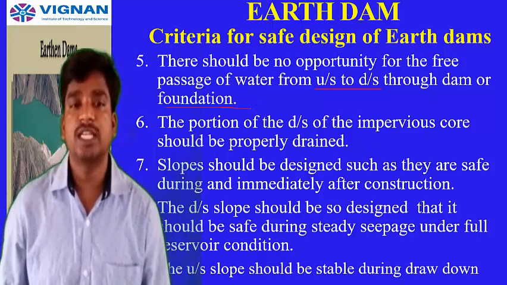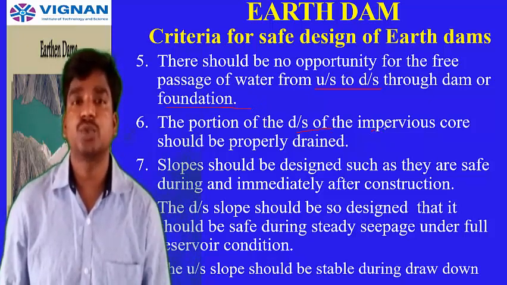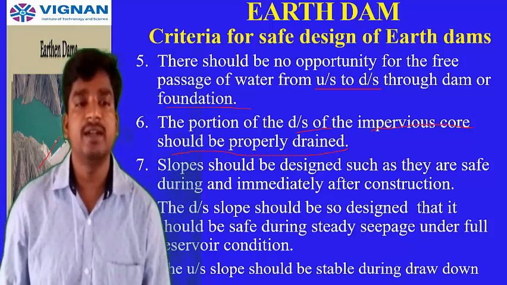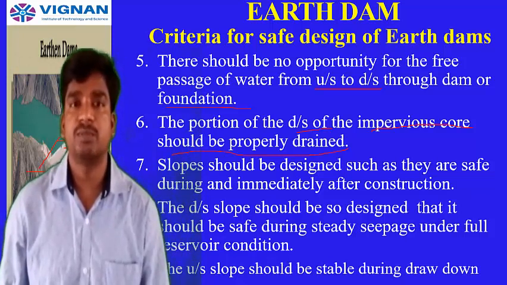Okay. The next point: the portion of the downstream of the impervious core should properly be drained. So this is our downstream portion. Here we have to provide some kind of drainage facilities. There are different ways of drainage provisions.